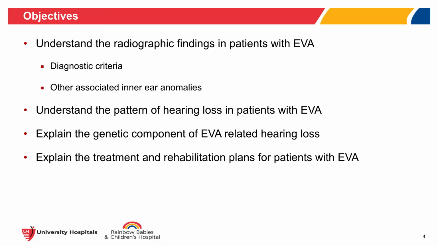We'll talk a bit about the genetic component of EVA-related hearing loss, although we'll discuss that in not as much detail as some of the other things. And then we'll talk about treatment, but really it ends up being rehabilitation plans for patients with EVA as it relates to hearing rehabilitation, but also vestibular symptom rehabilitation.